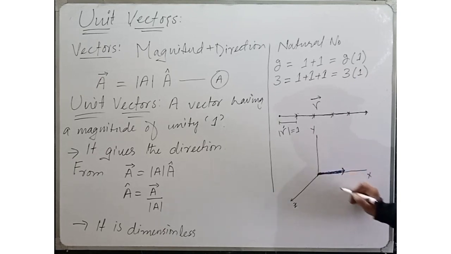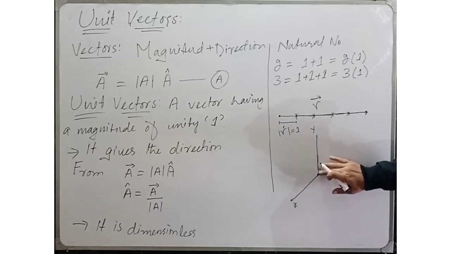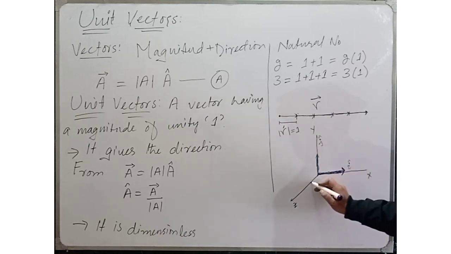The direction for such a vector can be represented by using a unit vector, and that unit vector is what we call i cap. Similarly, if a vector is along the y-axis, then the unit vector which shows its direction is j cap, and a vector along the z-axis will have a unit vector k cap.